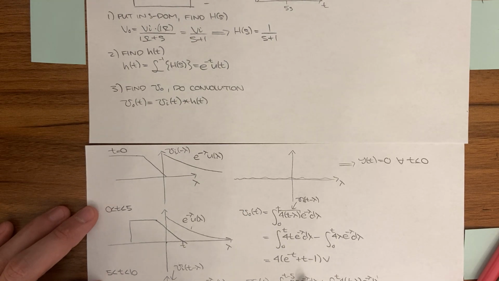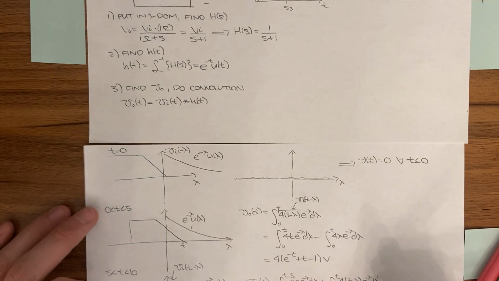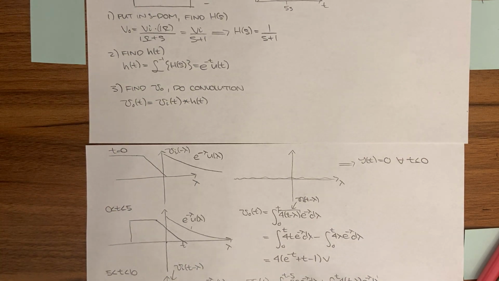Again, fairly straightforward. This one is a bit trickier. And what we end up with, just as a spoiler, is 4 times 5 plus e to the minus t minus e to the minus (t minus 5) volts. And again, I set up the integrals.